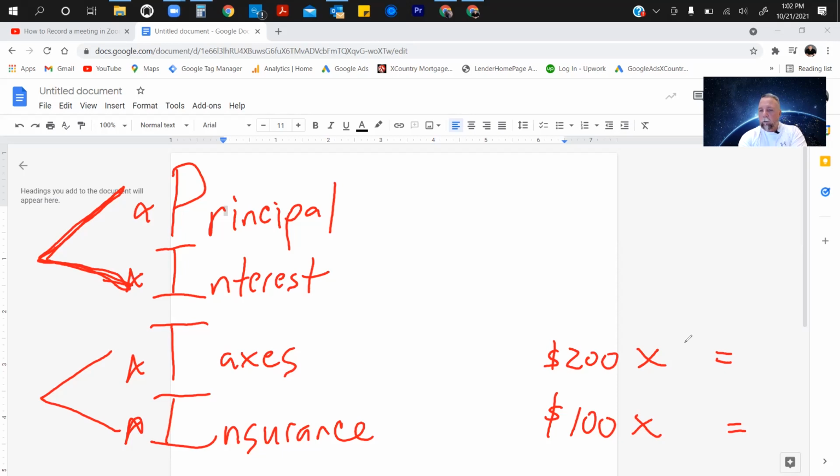Say property taxes are $200 a month. The lender requires 6 months' worth of escrow. There's $1,200. If your homeowner's insurance is $100 a month and they require 6 months of that, there's $600. So now you've got a total of $1,800 that you either need to bring to close or you have to bake it into the terms of the loan.